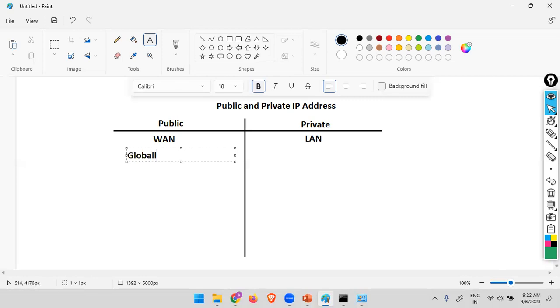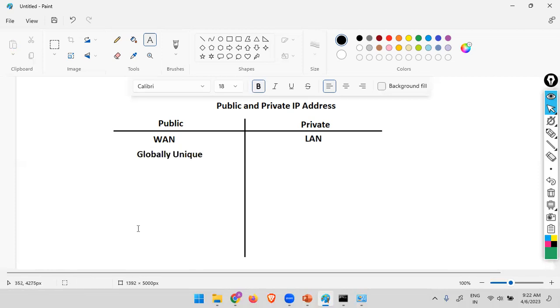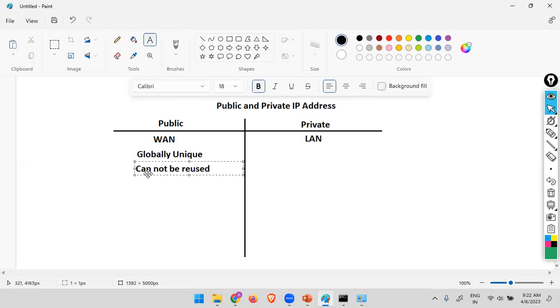They do not repeat anywhere. Globally unique means they cannot be reused.